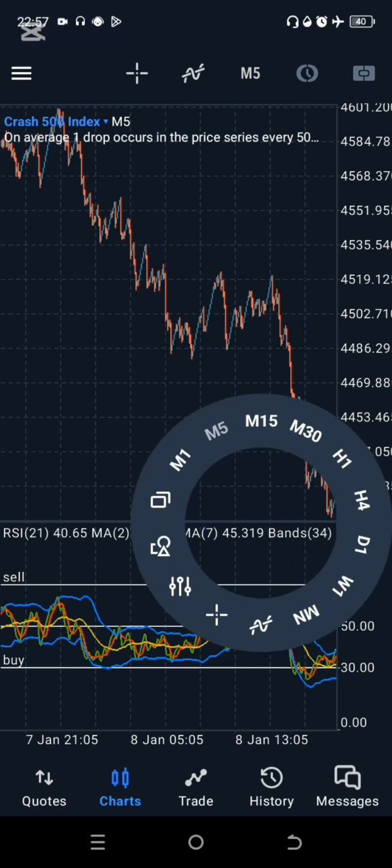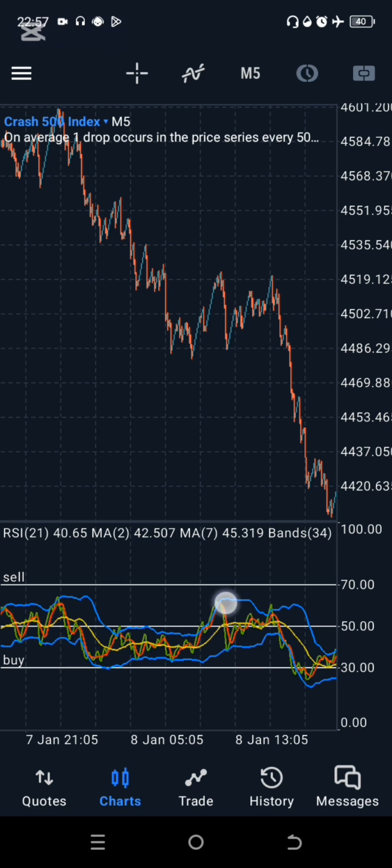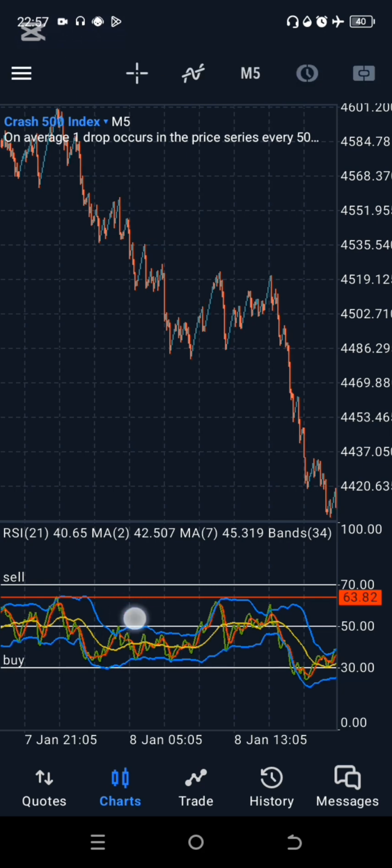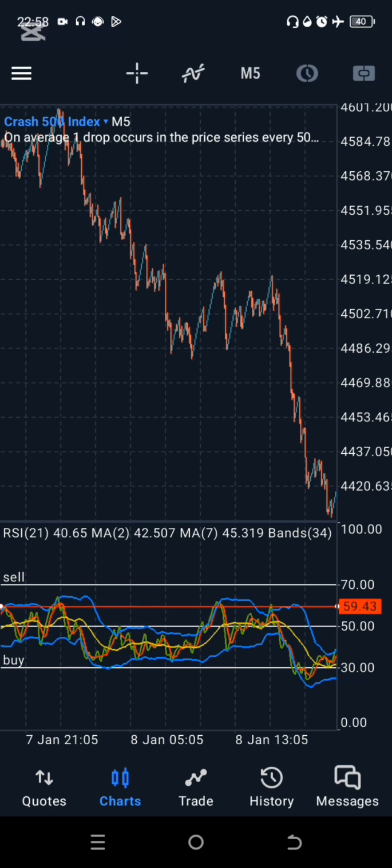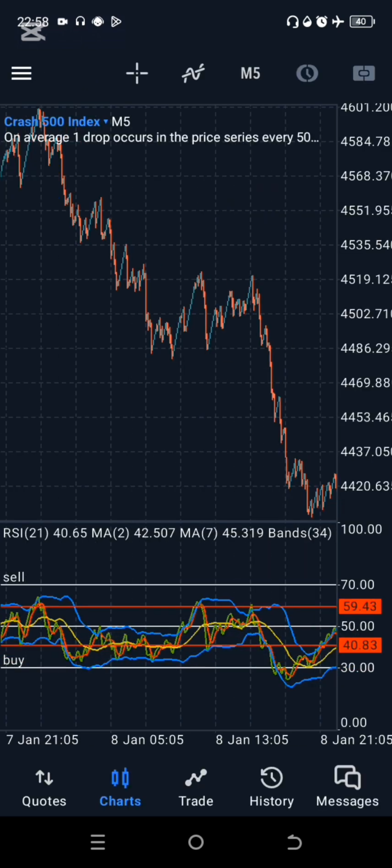So let me just use a line over here and mark the 60 level. I'll show you the 40 level a little bit later. So that's just about the range, right?